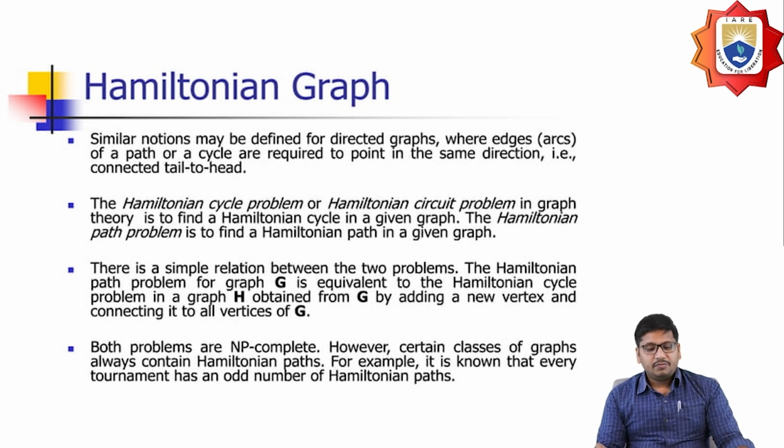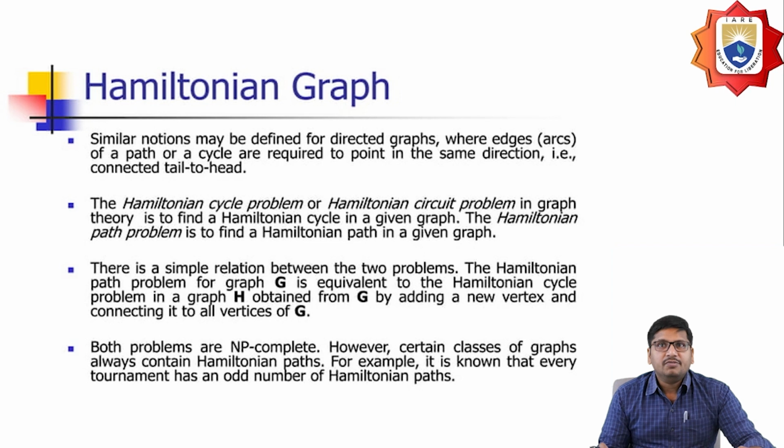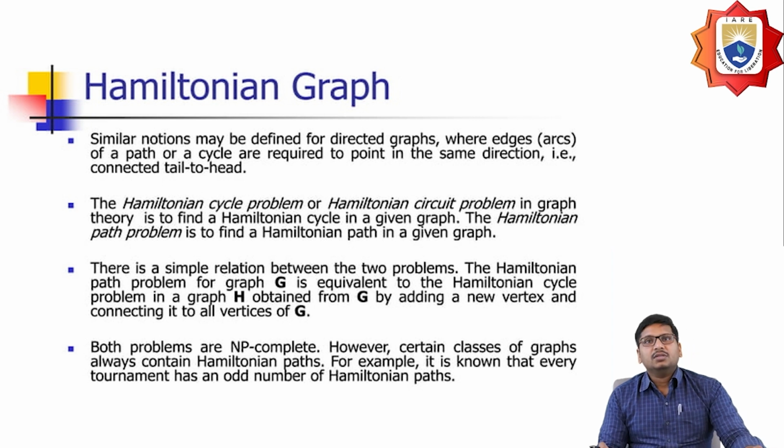So in the Hamiltonian graph, the notation is different for directed edges, where the edges of the path or cycle are required to point in the same direction. The graph which has a Hamiltonian cycle is called the Hamiltonian path problem, and the graph which has a Hamiltonian circuit is said to be Hamiltonian path.